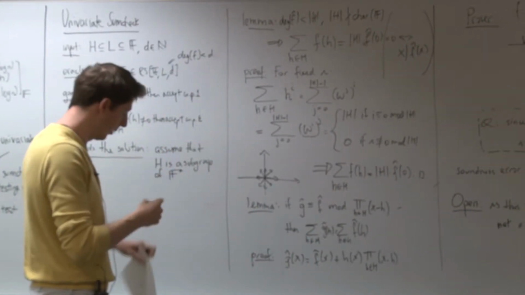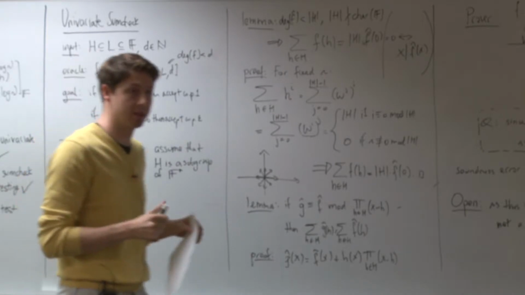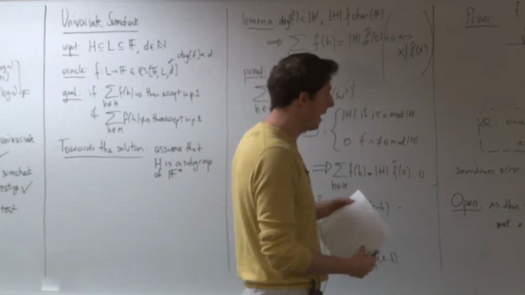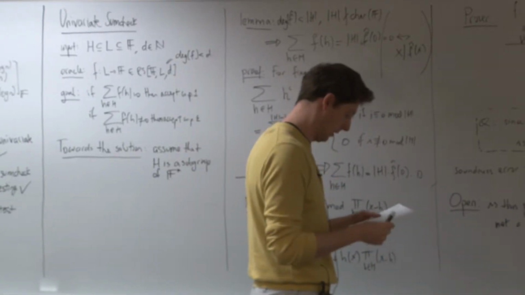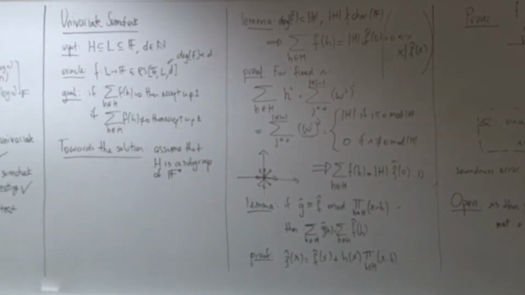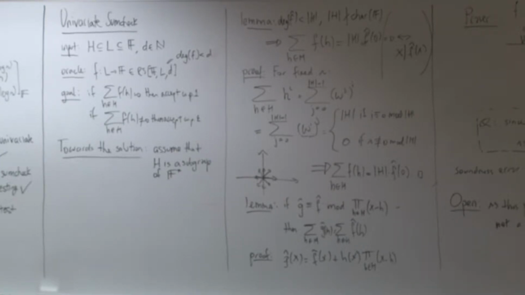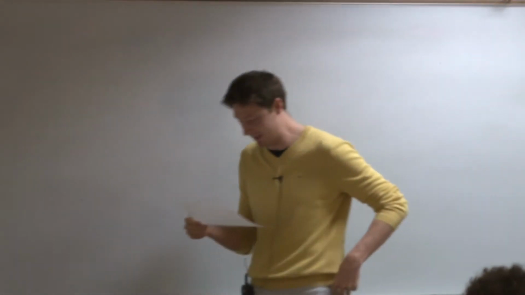We don't really know what happens if you have other, not necessarily arbitrary, but sufficiently nice H's. It's a very nice question to think about. Okay, so that's as much as I wanted to say on univariate Sumcheck. We are about to move earnestly into proximity testing, and it's going to get technical real quick.